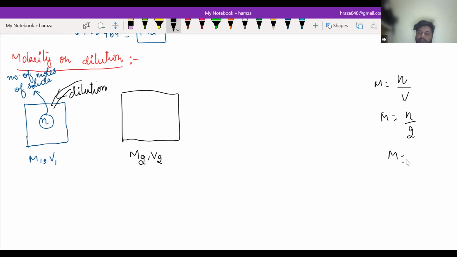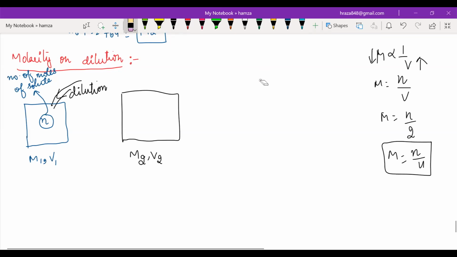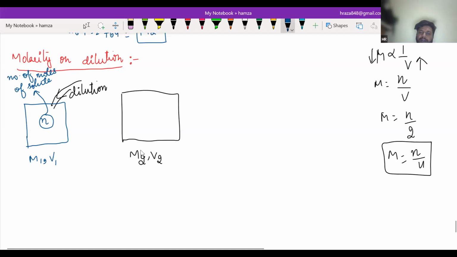And if it has a volume 4 liter, it has molarity n by 4. So molarity is inversely proportional to volume. If volume increases, molarity decreases. Are you getting my point? Yes. So in short, on dilution, molarity will be changed. So it will be M2 and V2.